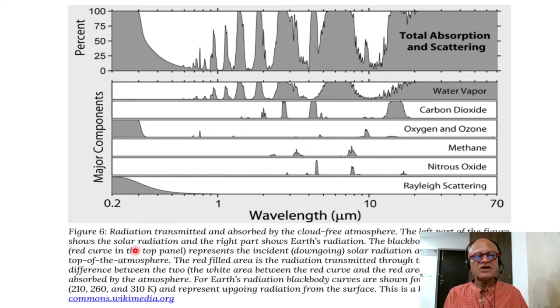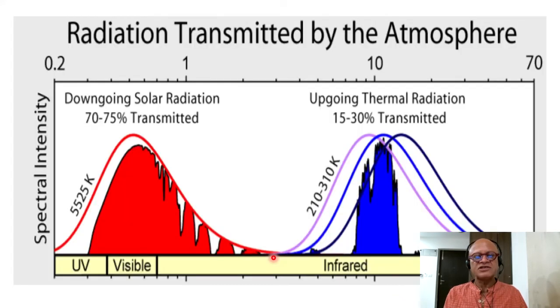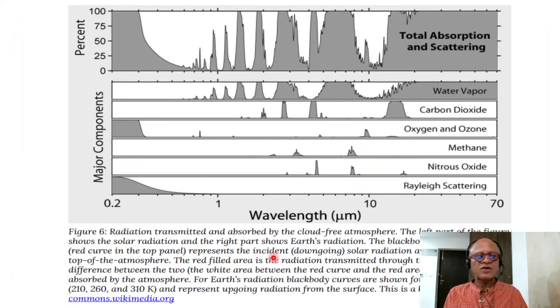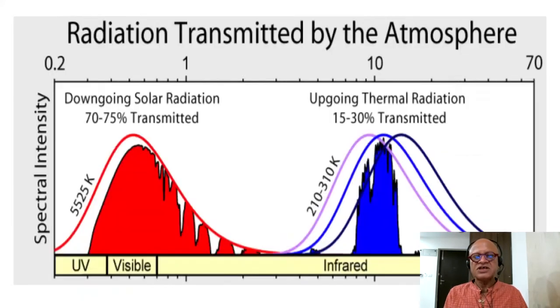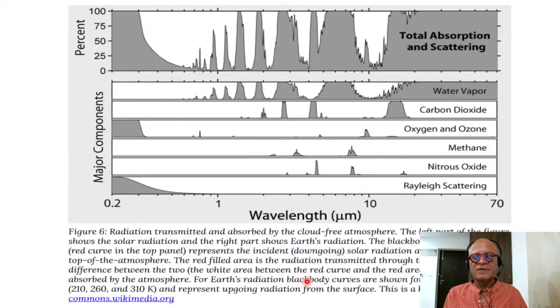So looking here at radiation transmitted and absorbed by the cloud-free atmosphere in this case, the left part of the figure shows solar radiation and the right part shows the Earth's radiation, so they are quite completely separated by wavelengths. The black body curve at 5525 Kelvin represents the incident downgoing solar radiation at the top of the atmosphere.